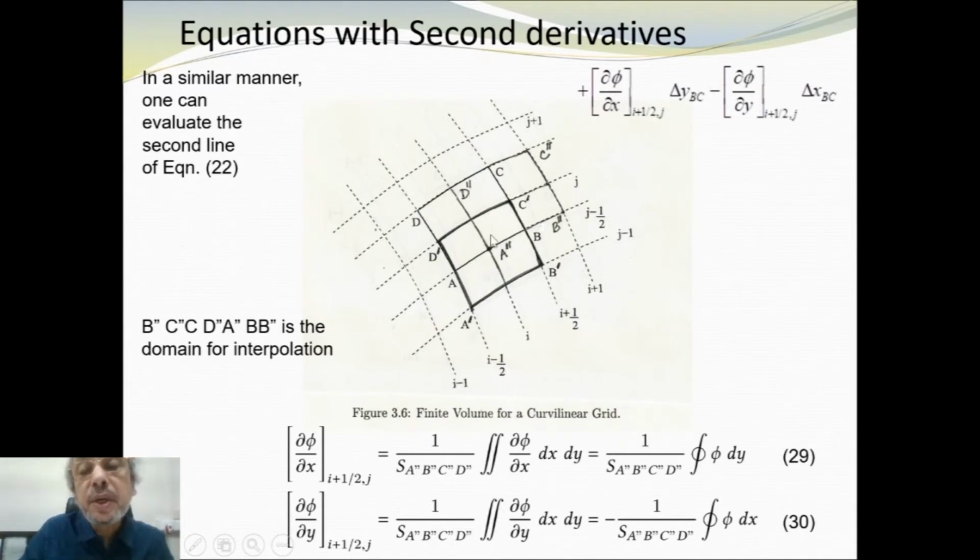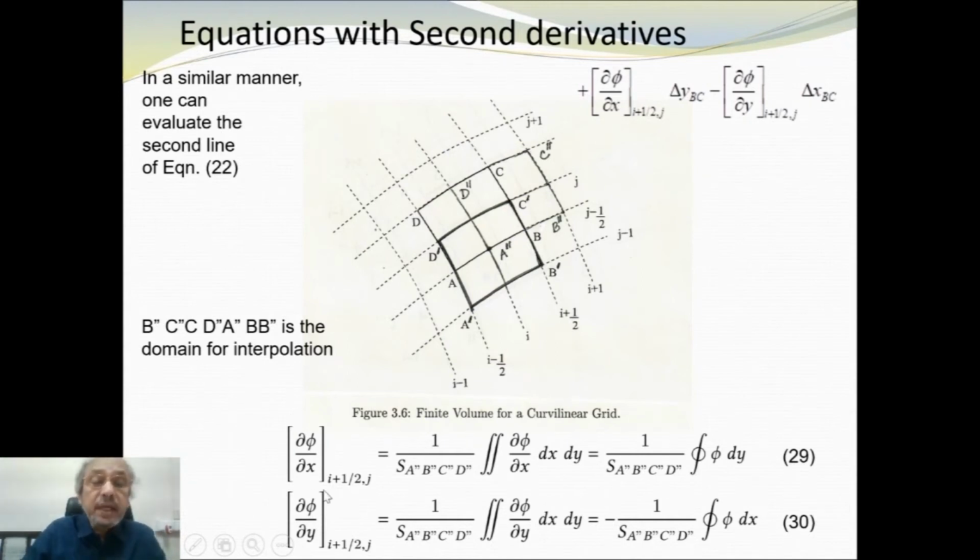On this domain of interpolation we will find the mean value of del phi del x and the mean value of del phi del y, which are defined at this point.